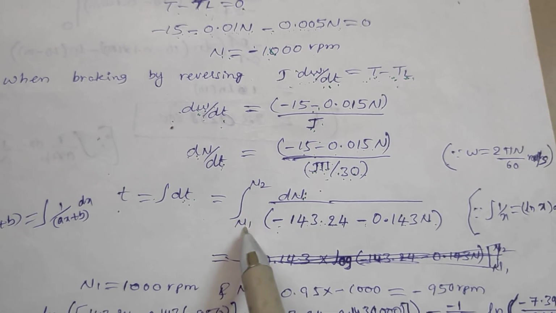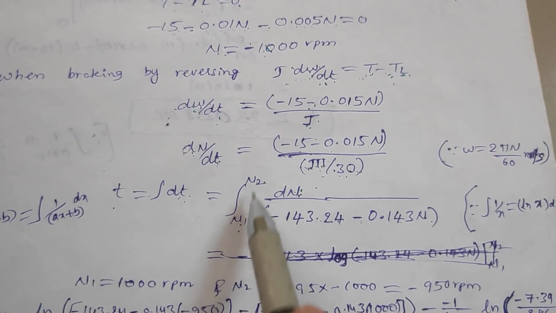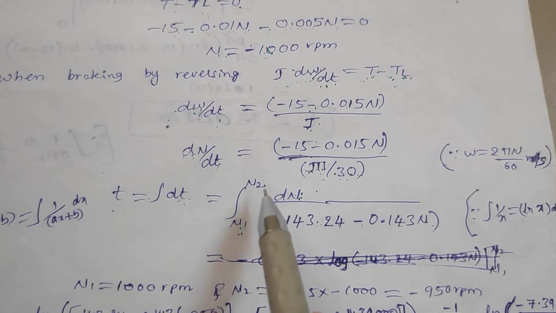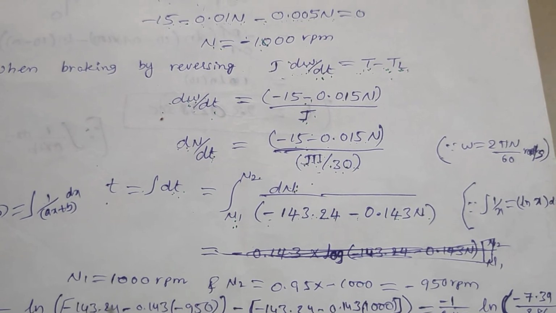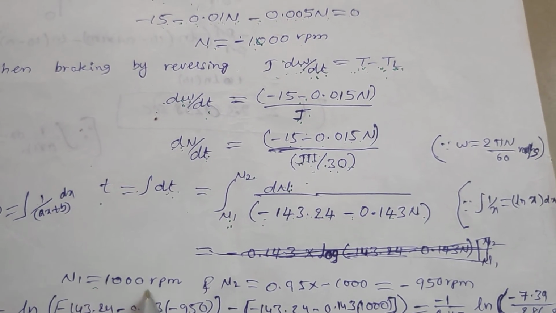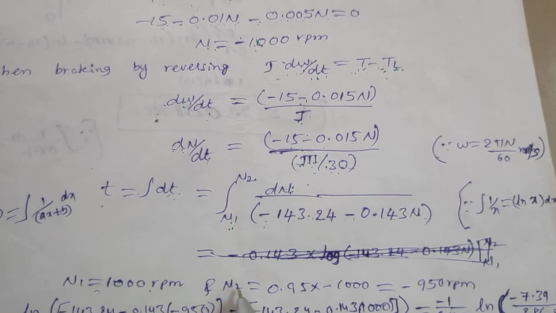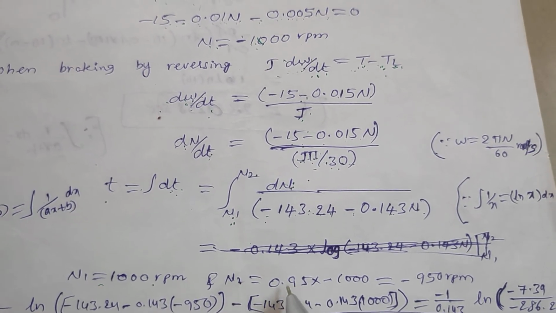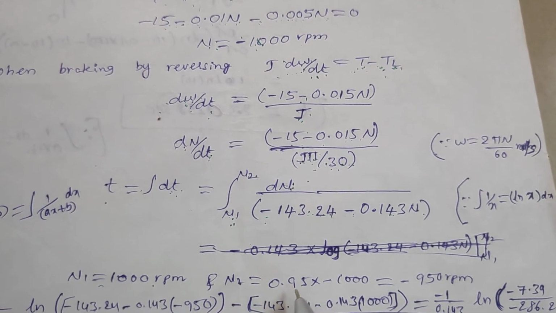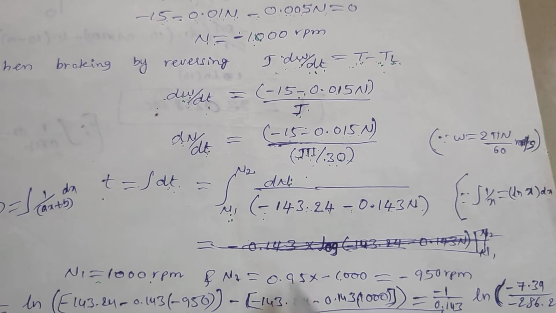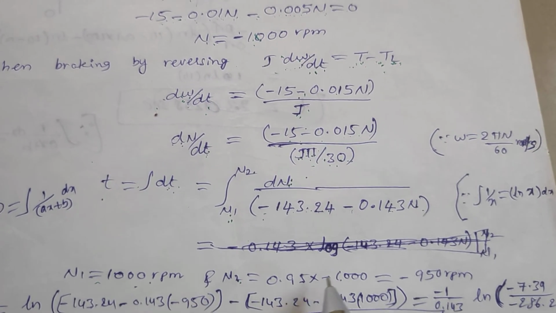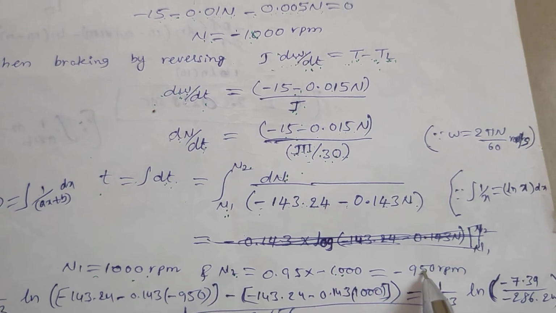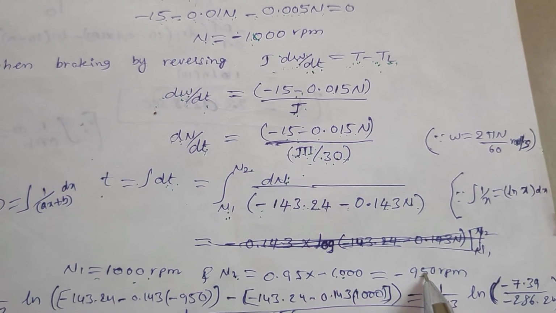The limits are n1 to n2. We need to find out the limits. What are the limits? Here n1, the initial speed, is 1000 rpm. For n2, if you want to use n1 plus 95% of n2 minus n1, that is also okay. By that you will get minus 900 rpm.